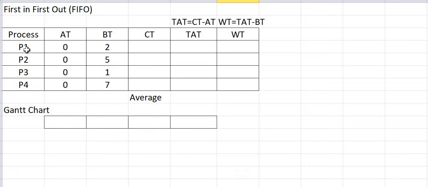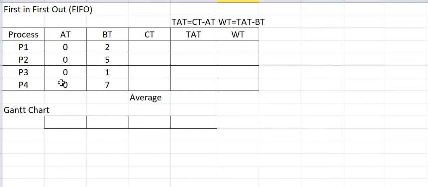And we have the burst time, the particular time every process will take inside the CPU for its execution.